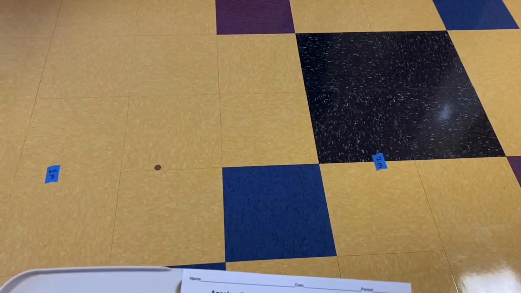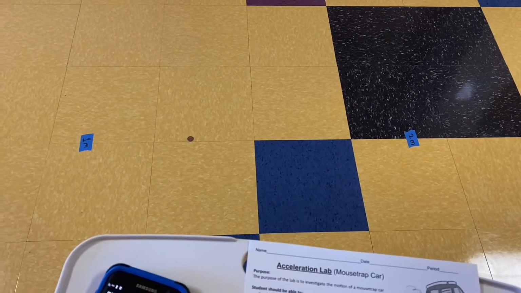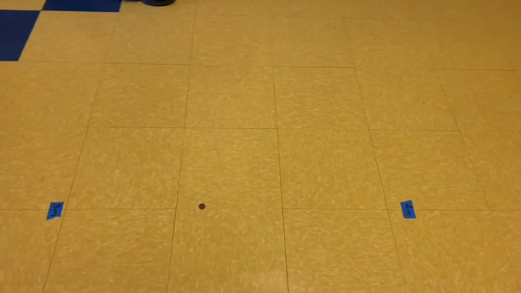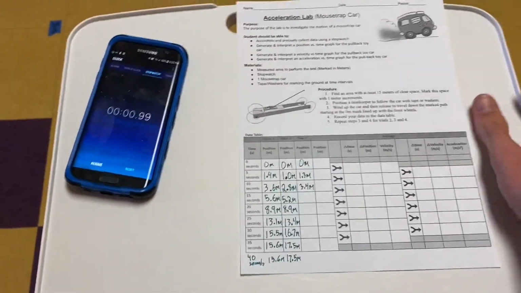5 seconds. Okay, first penny, looks like just past the 1. We'll call it 1.3, yeah. 1.3 meters. Next one, just past the 2 and just past the 3 rather, and we're at 3.4. We'll call it 3.4 meters. 15 seconds.